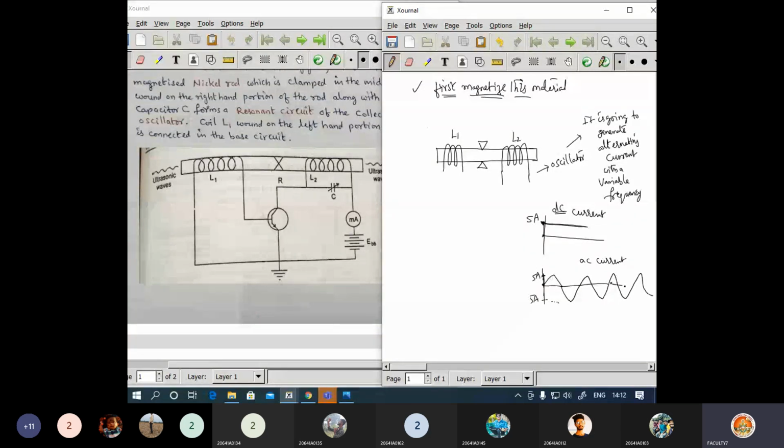So you are going to get alternating positive and negative cycles. Initially we started with the DC, and we are going to generate this AC here.